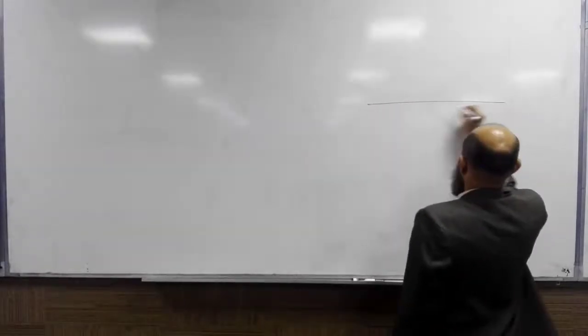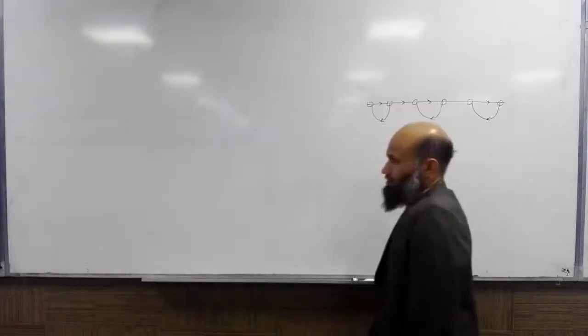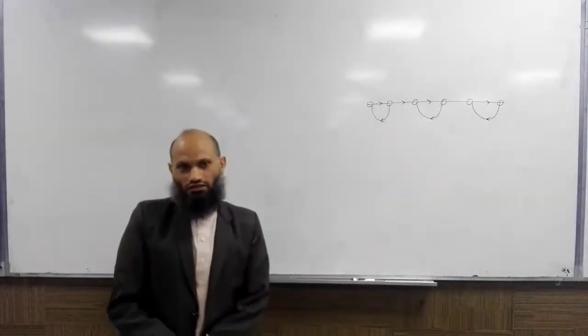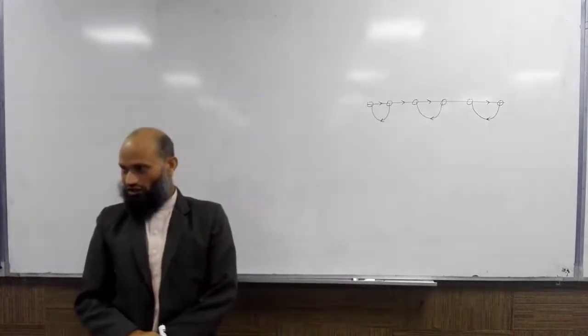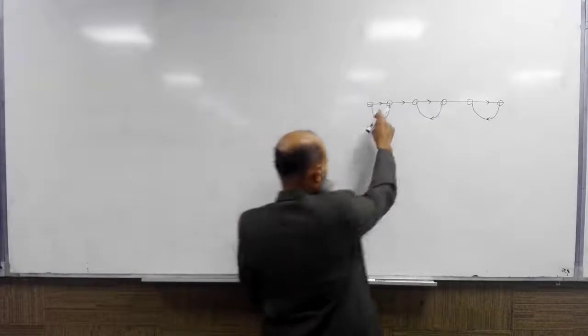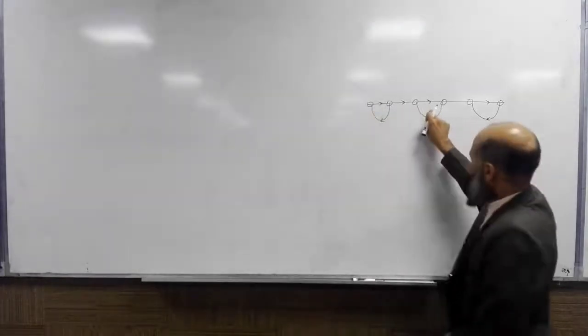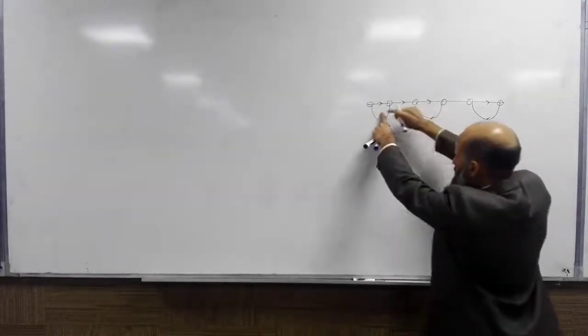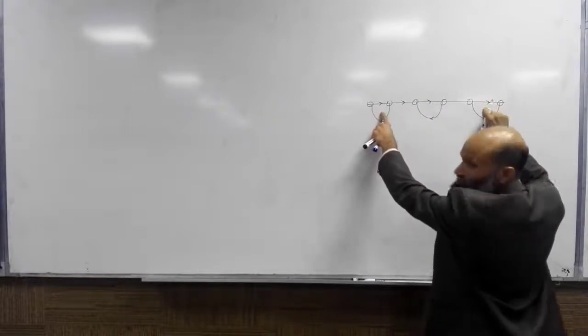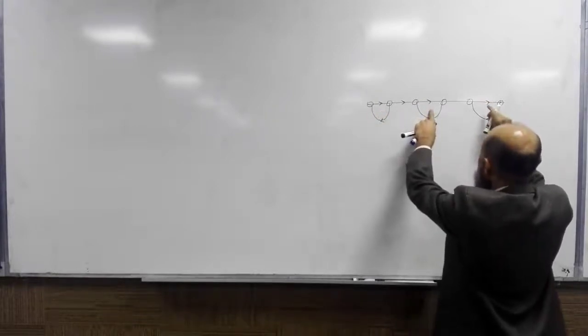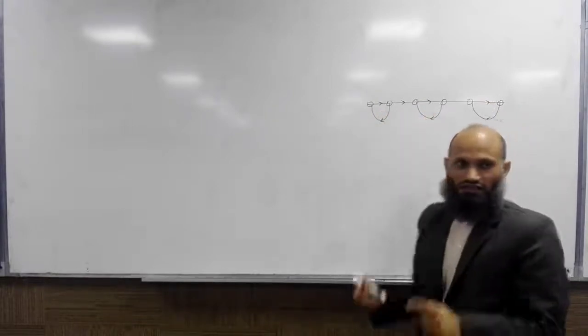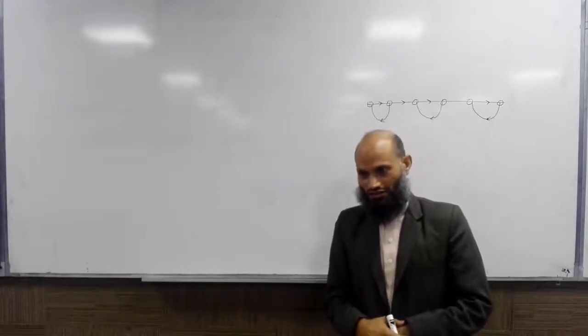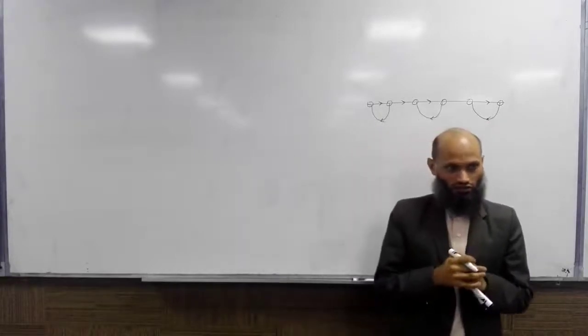Combination means, for example, if you have this situation, how many loops are there in this signal flow graph? 3 loops. This loop is non-touching with this one. This loop is also non-touching with this one. So this loop is also non-touching with this one. There are 3 combinations of 2 non-touching loops.